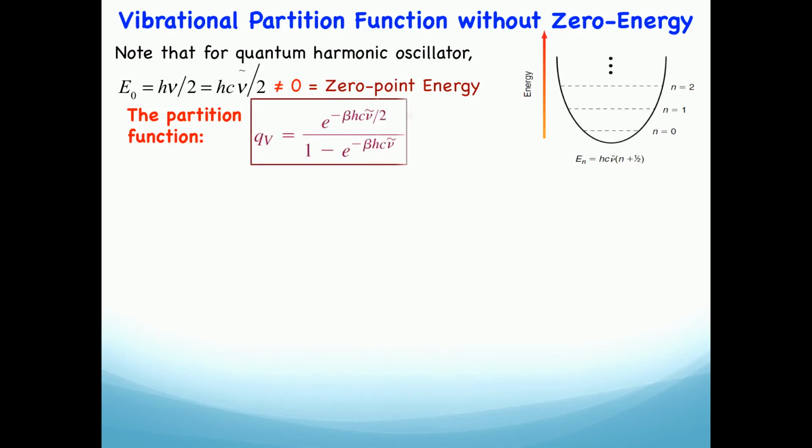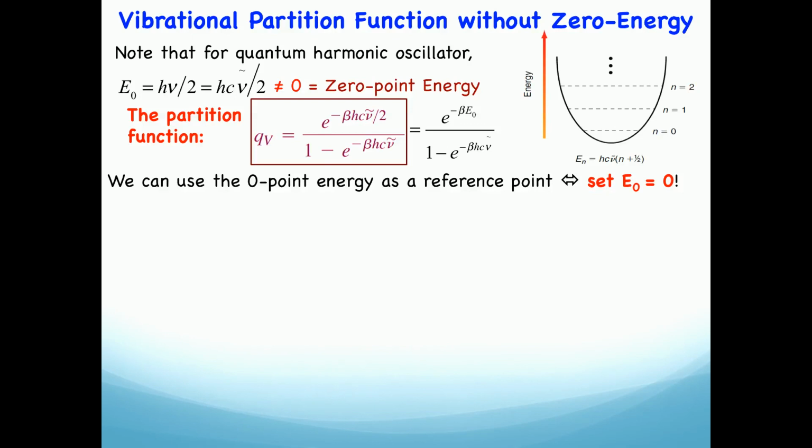And as we already said, if you use exactly this energy as the lowest energy of this vibrational state, then this would be the formula for the partition function. And if nu is not the frequency in standard units but the wave number, then we need this hc, a conversion factor.